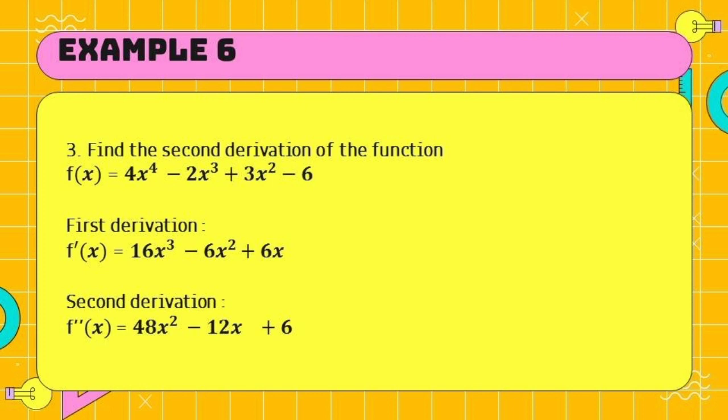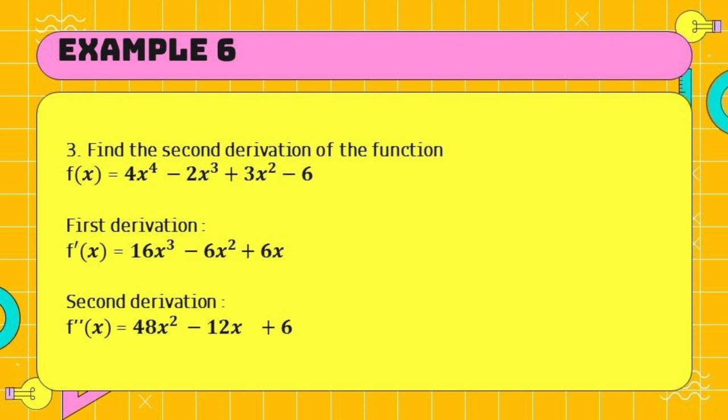Next, example 6. Find the second derivation of the function f(x) equals 4x^4 minus 2x^3 plus 3x^2 minus 6. To find the second derivation, we should find the first derivation before.